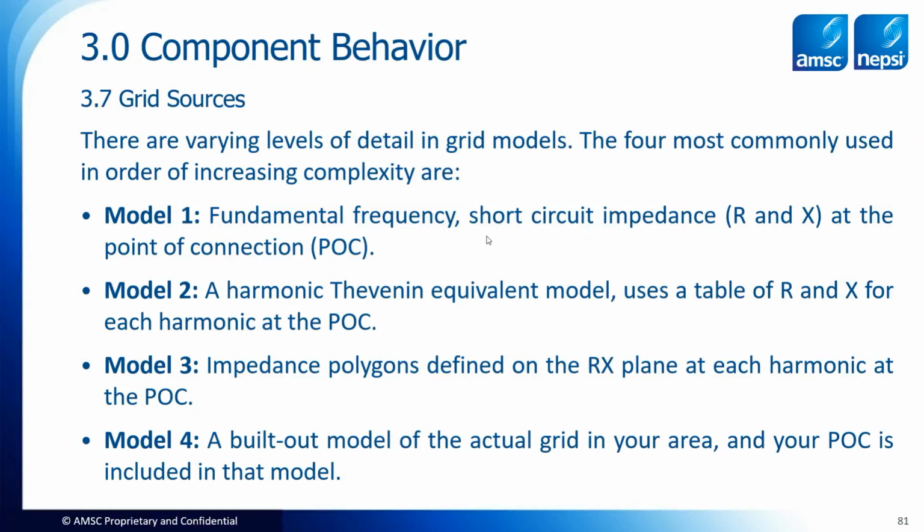Model 3 is for if you do a lot of utility work or if you're working with a large wind farm application, in areas where utilities have supplied you what are called impedance polygons. These are defined on the RX plane at each harmonic at the point of connection. You're getting even a bit more complicated. And model 4 is you build it out in its entirety, or to the point where going any further doesn't matter.